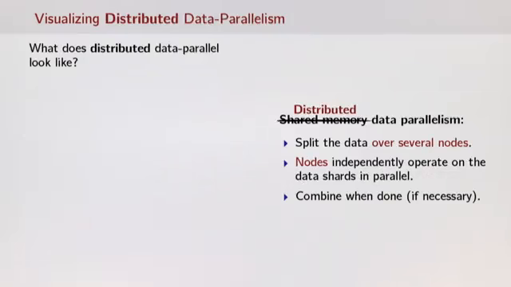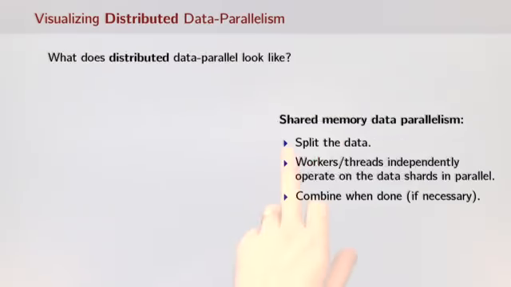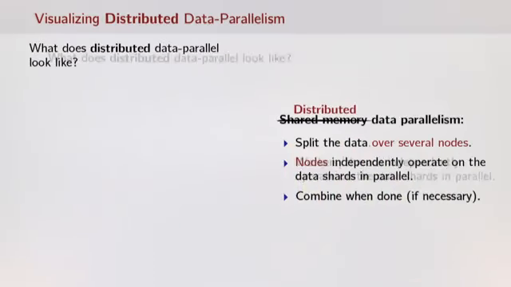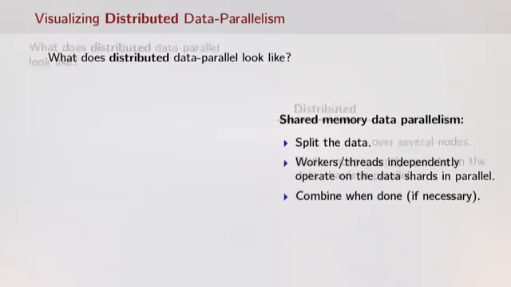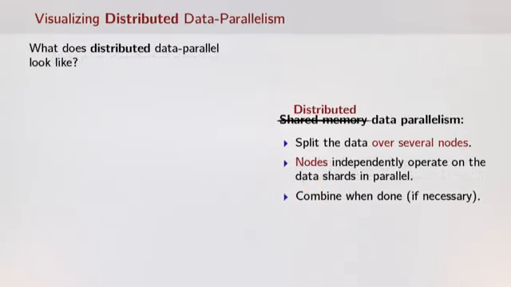So what would the same data parallel execution look like in the distributed case, sort of under the cover, independent of the abstraction? In the case of distributed data parallelism, as we saw in the shared memory data parallelism, we split up the data on the same machine. In the distributed case, we split the data over several nodes. Okay, that's the difference. We split it up over several nodes. In the shared memory case, workers or threads independently operate on the data shards in parallel.